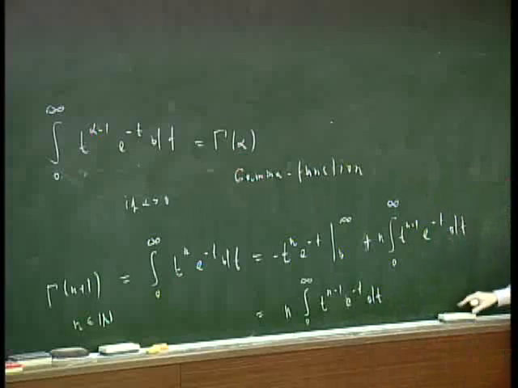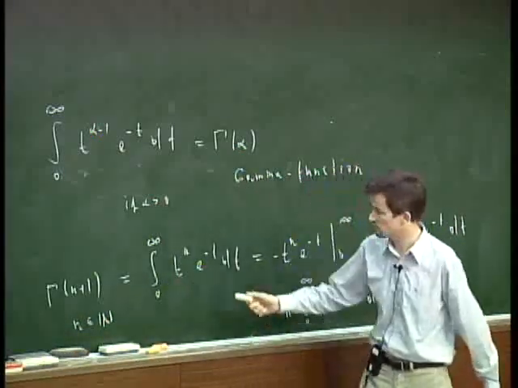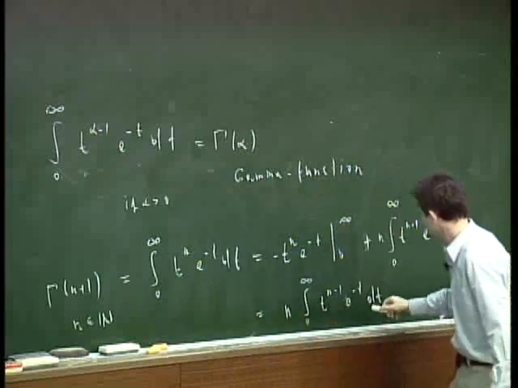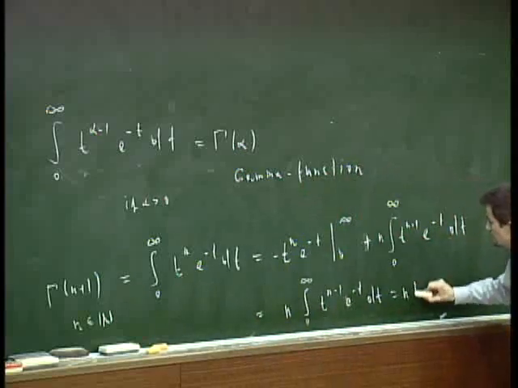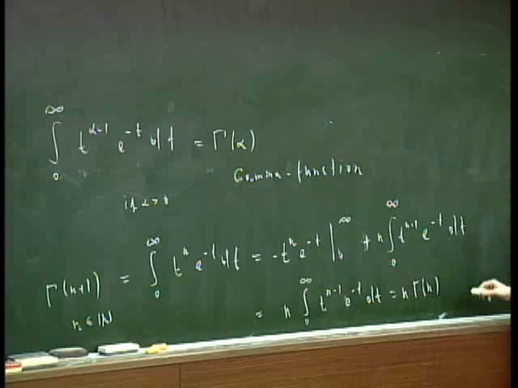Now you see that you have a recursion formula, because what you have here is just gamma n. Now what you do is you iterate this. If you iterate this, you will end up with n factorial gamma 1.